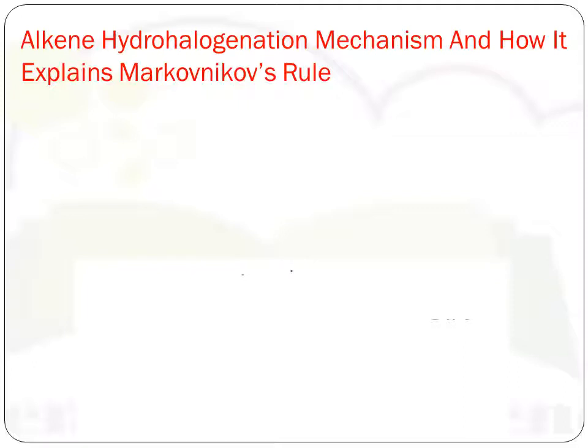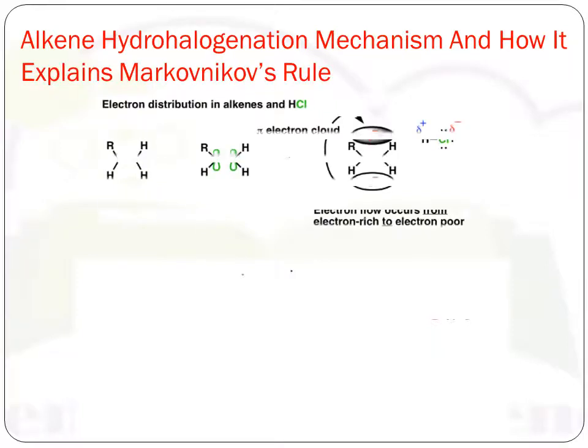Let's first see the mechanism of hydrohalogenation of alkene and how it explains Markovnikov's rule. Before going to the mechanism, we'll first see the electron distribution in alkene and HCl. We know an alkene contains a carbon-carbon double bond, and out of these two bonds, one is a sigma bond and the other is a pi bond.